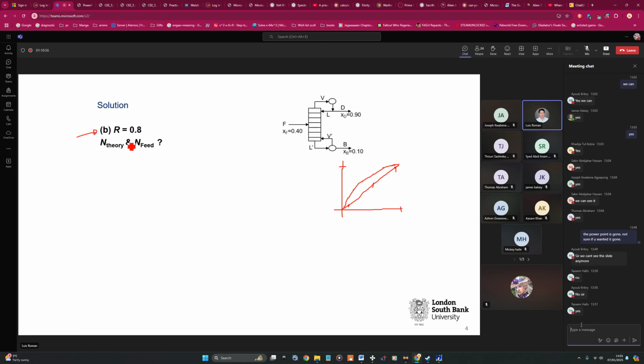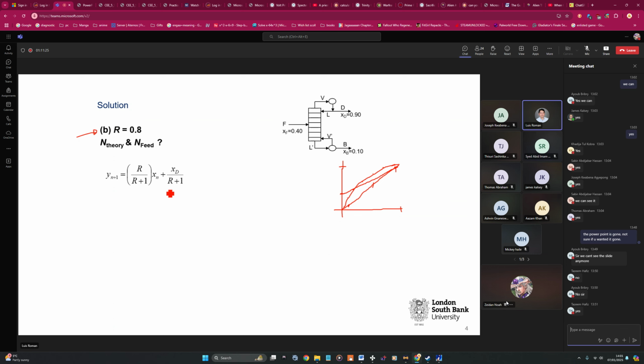And using the equation for the operating line for the rectifying section, you can calculate the value of the intercept for this given value of the reflux. And then you know the value of the intercept and you have the other point. So if you join those points, you get the line for the rectifying section.